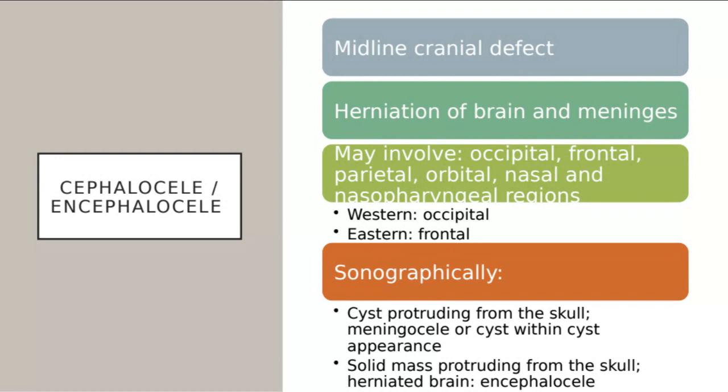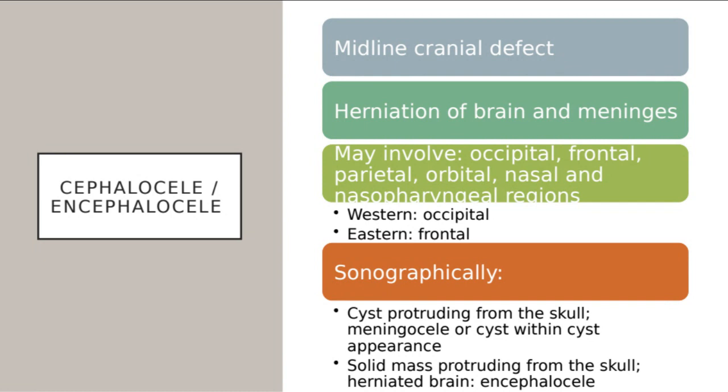We can have these herniations really anywhere because remember, we have all of those sutures between all of those different cranial bones. So we can have them at any space where they should be fusing. We can have this herniation in this opening pretty much anywhere. So we can have these in the front, we can have them in the back, we can have them nearby the eyes in the nasal region. We can have these along the side near the baby's temple with the parietal bones.